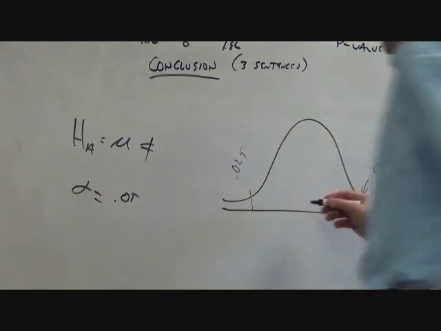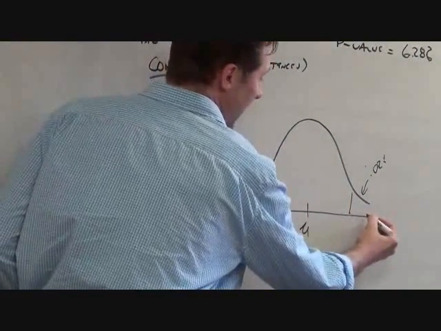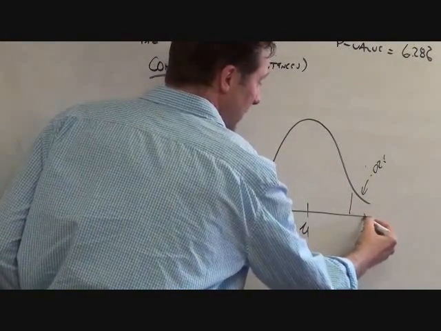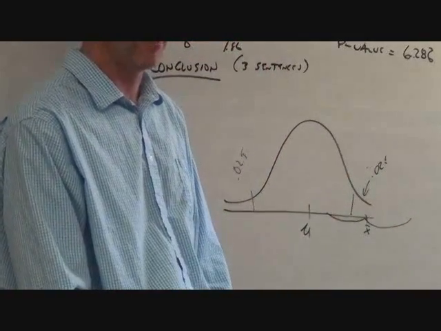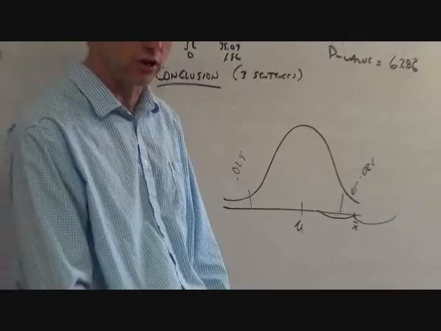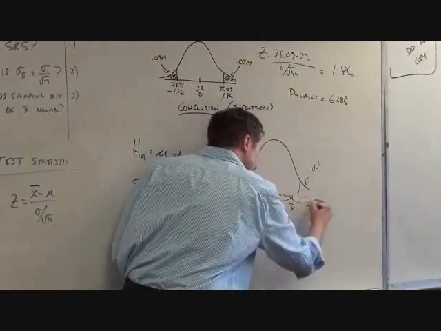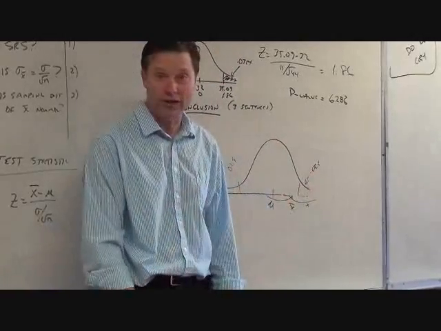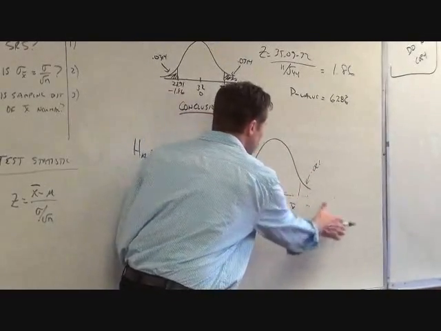Now understand what this means. Here's the true mean. This is the margin of error. If my x-bar gets out here and I go my margin of error, I'm not going to have your mean in my confidence interval. But if my x-bar is in here and I go my margin of error, then what you said is true is in my confidence interval. So here's the question.